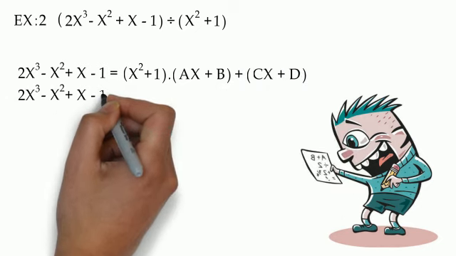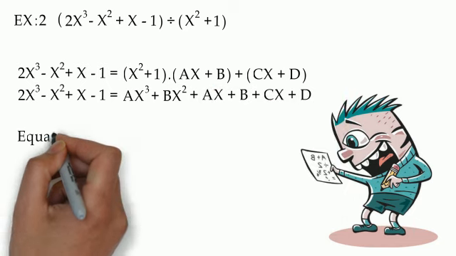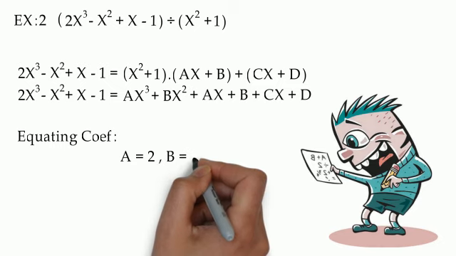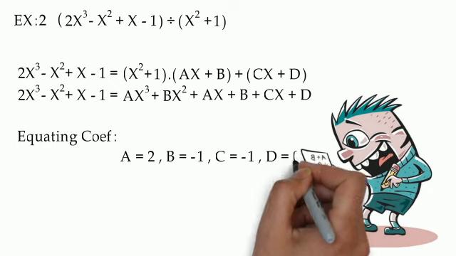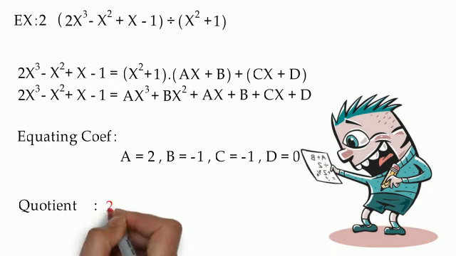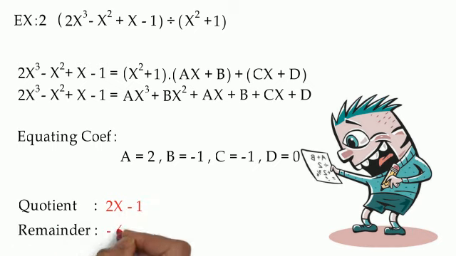For the solving and equating coefficient, we get a equals 2, b equals -1, c equals -1, and d equals 0. Therefore, quotient is 2x minus 1 and remainder is minus x. We get the same answer as in long division method.